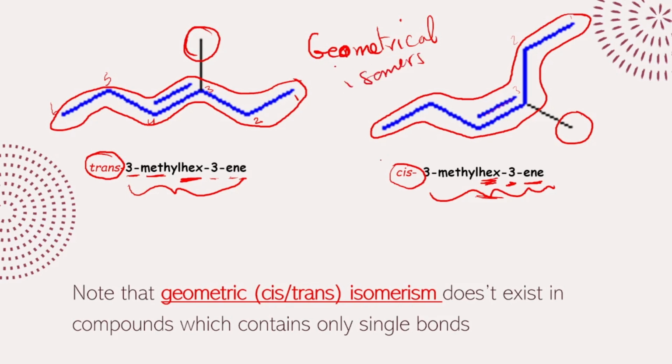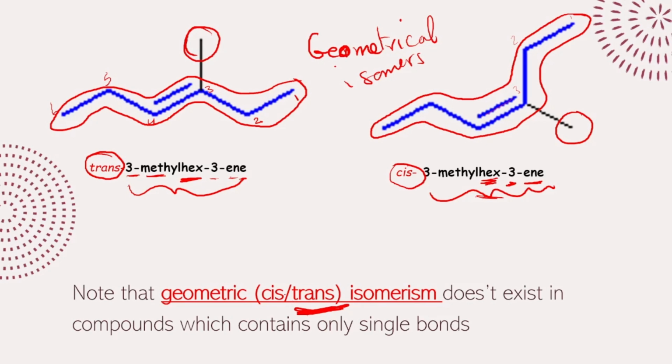Whenever we have two alkenes with the same name, the same number of carbons and hydrogens, and the difference is only in the arrangement or order of the alkyl groups attached to the double bond, we say that we have geometric isomerism, also called cis-trans isomerism.